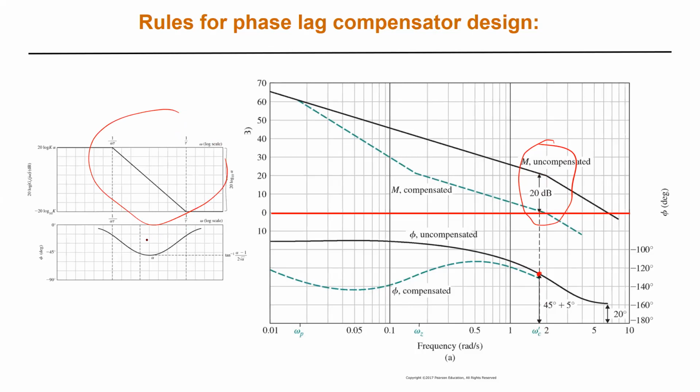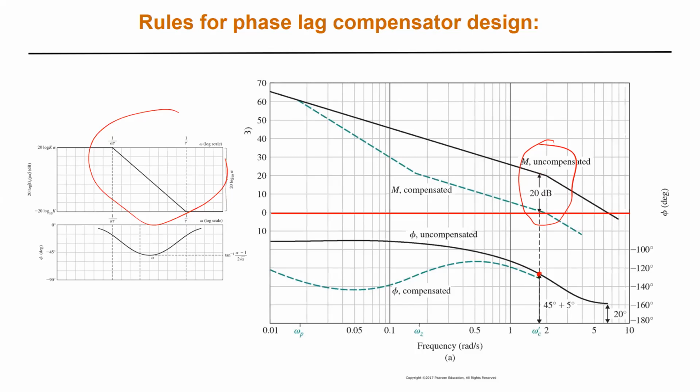Because of this negative, what will happen to the phase? The phase will change. That's what we want, right? I need the phase margin to be 50 in the system. If I add the compensator here, I'm going to affect the phase as well.